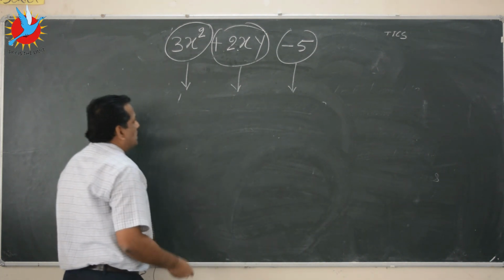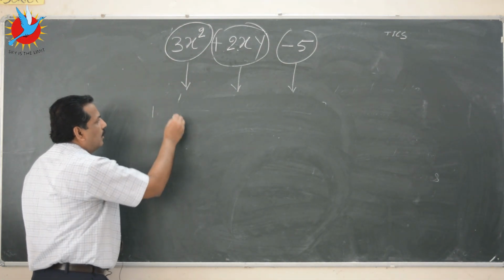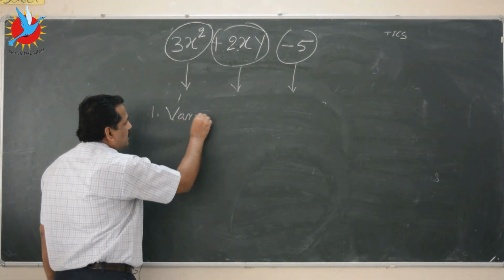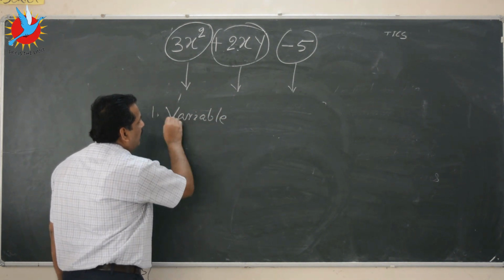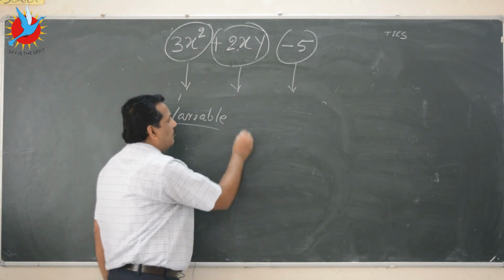And so, sequence wise, serial number wise, first one is variable. I have explained to you the meaning of variable. Here x is a variable, y is a variable. So what is a variable?